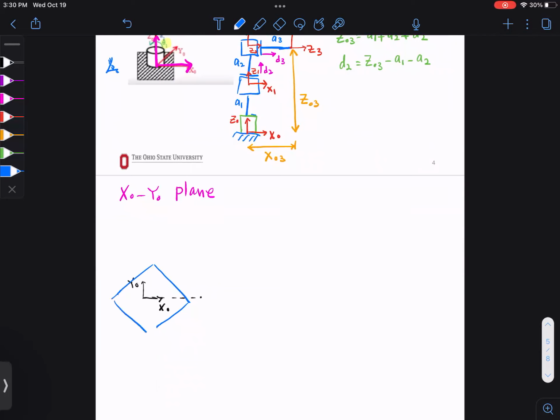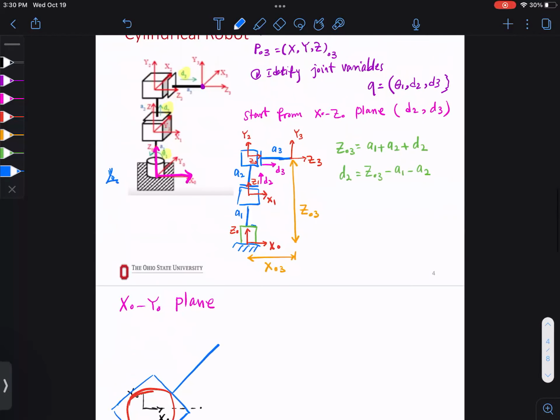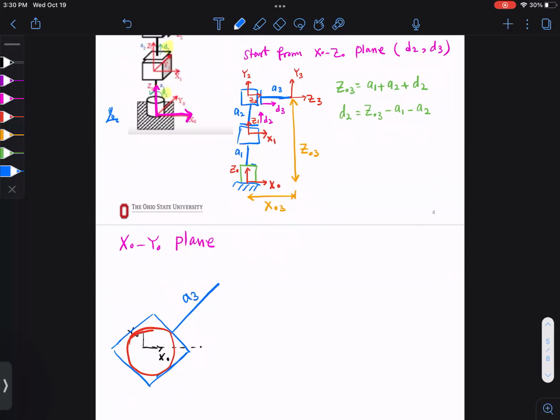This box represents my prismatic joints. Let's say the two joints on top of each other are represented by one box. I also see the cylinder right here, that joint. Now this is the link. If I look from top, the A3 is the only one that I actually see. I don't see A1 and A2. They're projected from top.